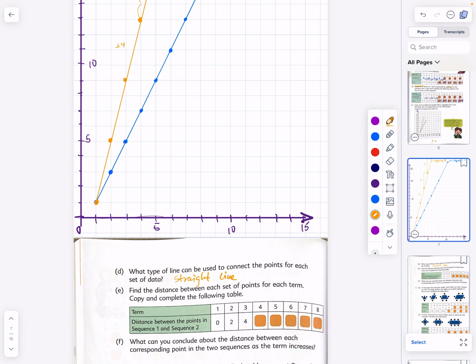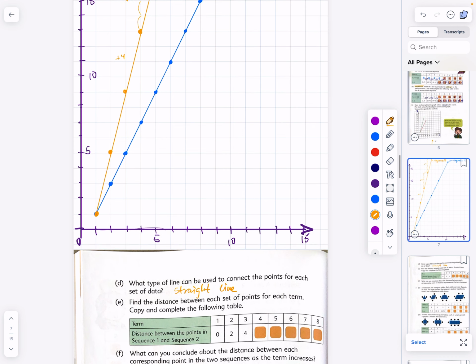For the second point, notice the difference is, let me pick up a different color right here, the difference is plus 2. Between the third and fourth point right here, the difference is 4. And this difference keeps growing. So this is 2. The next one is 4. The next one is 1, 2, 3, 4, 5, 6.